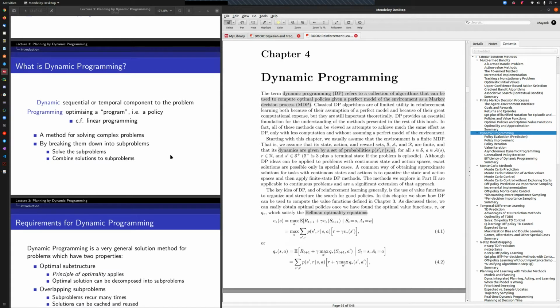The dynamic programming paradigm is the basic principle for how we break down this large problem into a sequence of sub-problems.